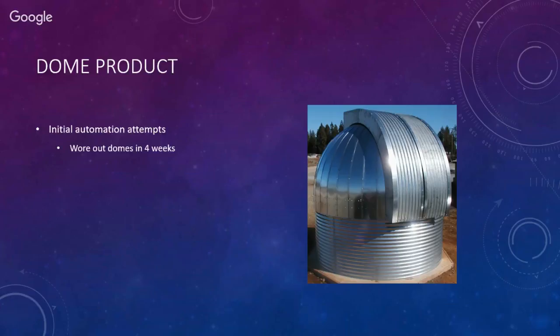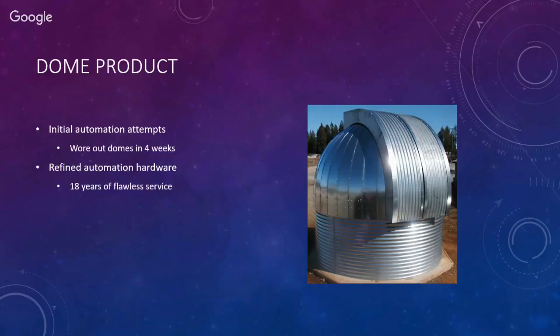And this is 1999 now, very early in the automated game. All they did was hook a microcontroller up to the switches that ran the AC motor, and put an encoder on it and let it rip. And with 1,000 moves a night, we wore the dome out in 4 weeks. We literally shredded the drive track, and it was a disaster.